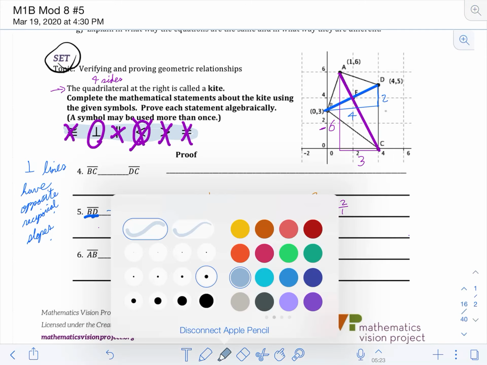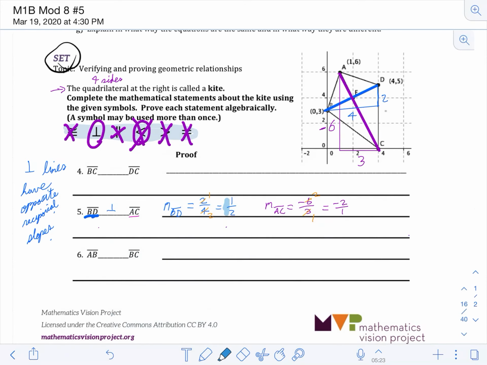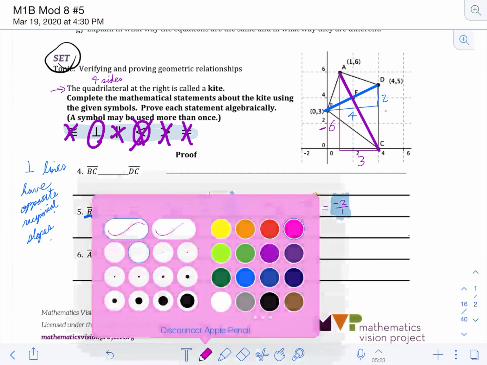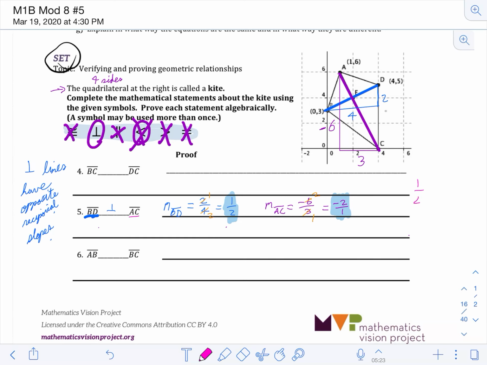Now take a minute and consider the slope of this line and the slope of this line. How are those two numbers related? One is 1/2, and I'm going to write it over on the side so we can see it clearer: 1/2 versus negative 2 over 1. If you look at those, they're flipped, and they are opposites.